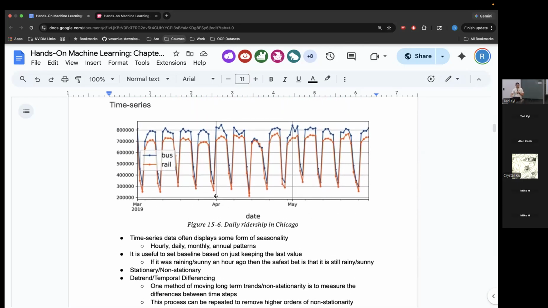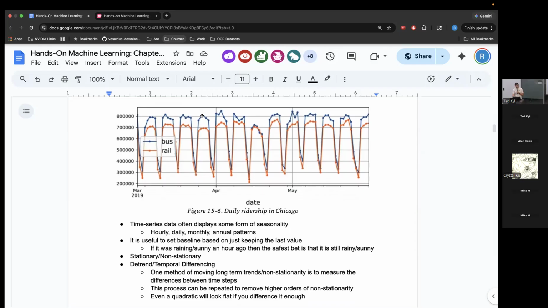So one of the things that they showed with this was that it's very powerful to just take your last time step. That's your naive baseline, is what they called it. So imagine you're trying to predict the ridership on the bus or the rail, and you could basically say, if I'm trying to predict what it's going to be tomorrow, I just take today's value because you know it's roughly going to be in the ballpark.